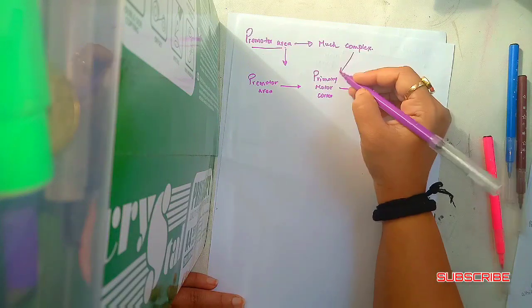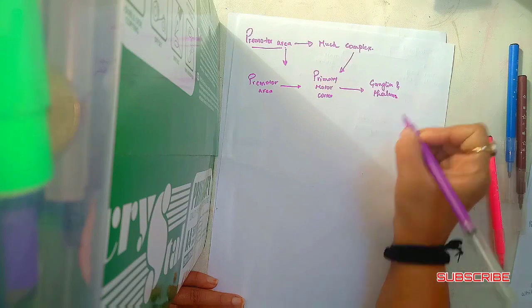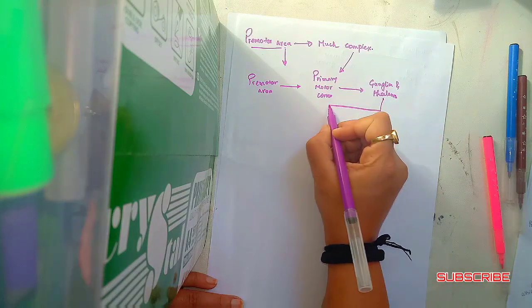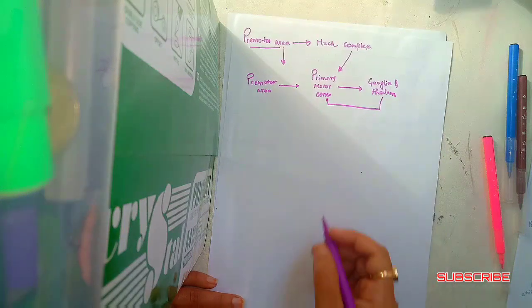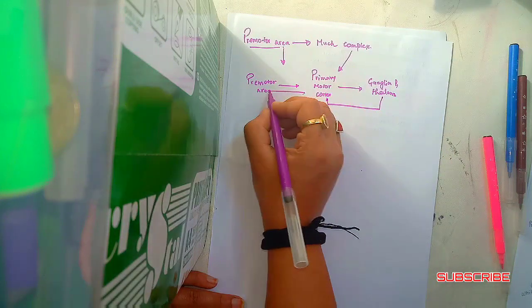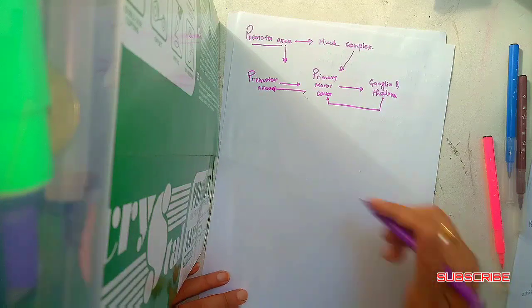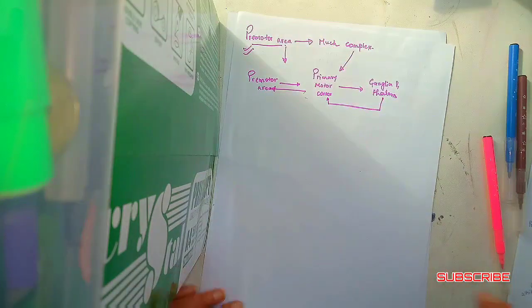This makes a complex pattern. From the thalamus the reverse process starts, from ganglia to thalamus to the primary motor cortex, and from the primary motor cortex to the premotor area. That's why the premotor area is much more complicated than the primary motor area.